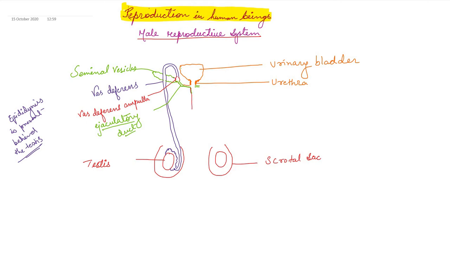At this point, the urethra is a common passage for urine and sperm. So at this stage, this urethra is known as the urinogenital tract.